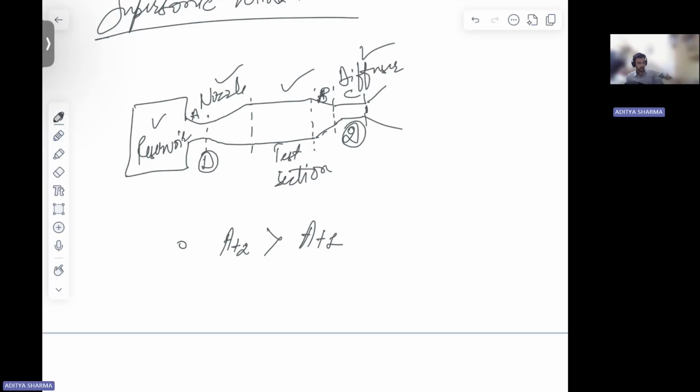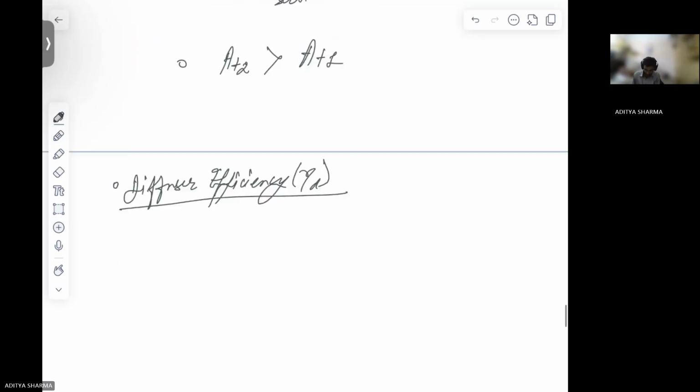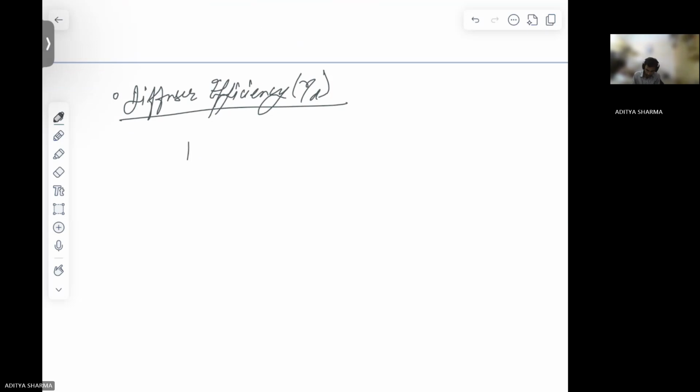Now the behavior of your throat and the efficiency of your diffuser. How efficient your diffuser is is based on the pressure data. So we have a graph for this. It is this way.